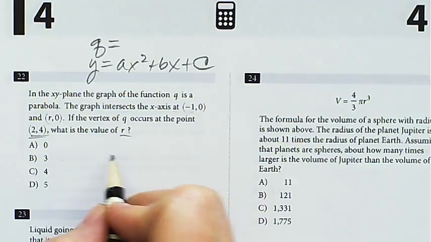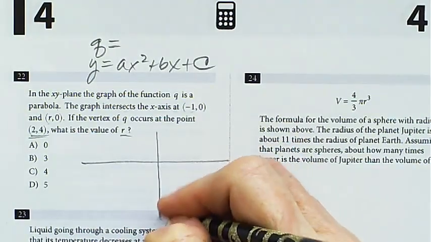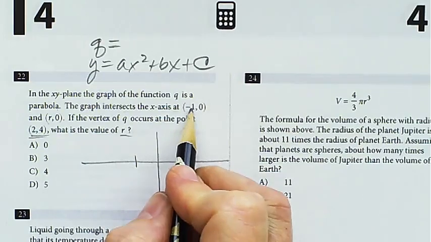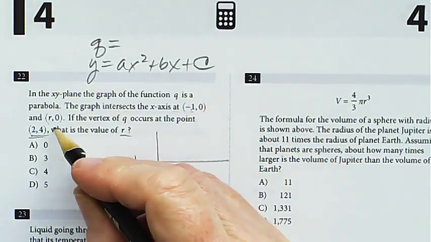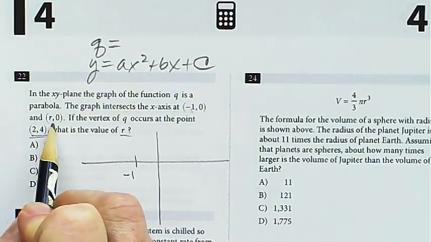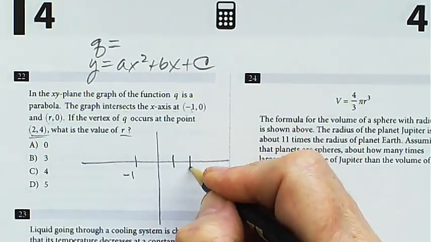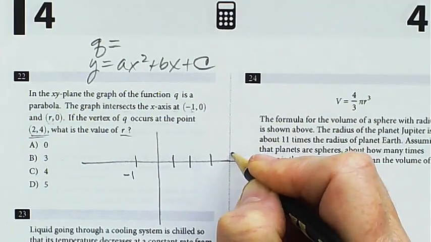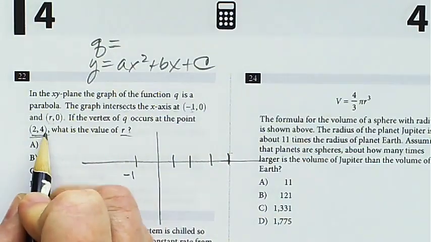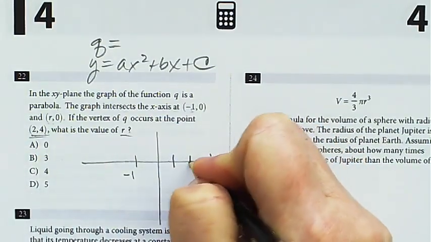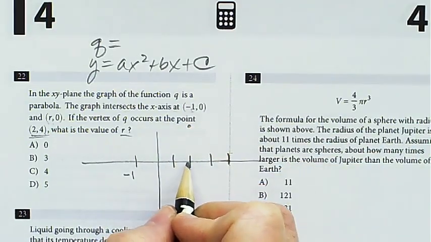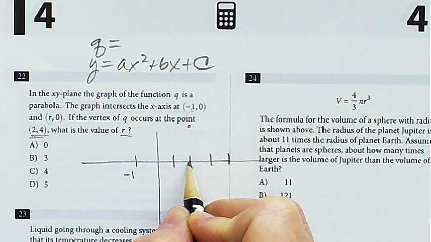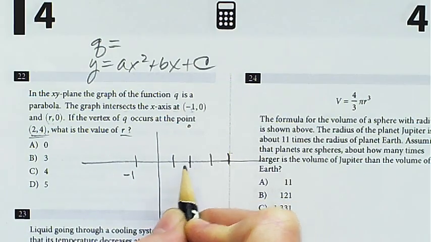So this is actually very easy. Here's my first x-intercept, -1. My other x-intercept I don't know, but I know that the vertex is at (2, 4). So the vertex is up here somewhere. Well, isn't the vertex right in between the two x-intercepts?